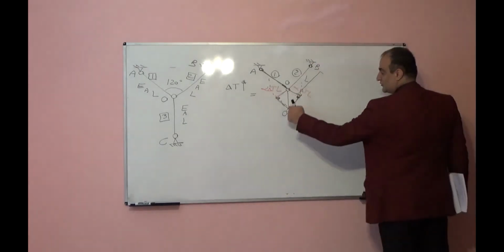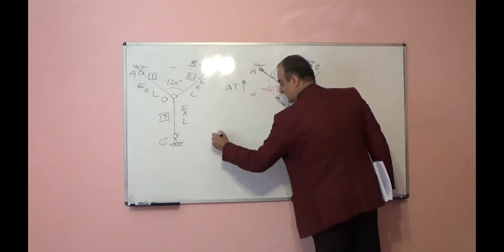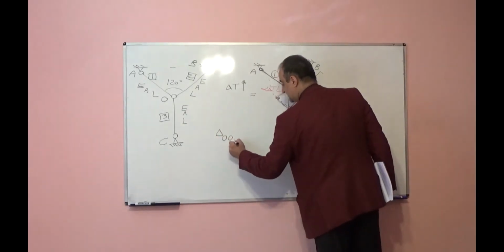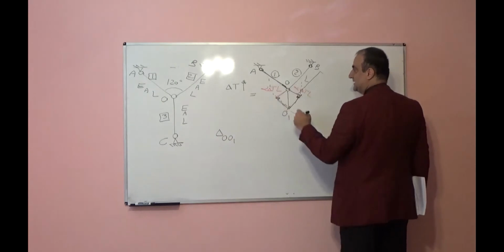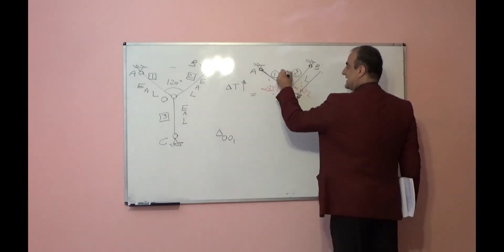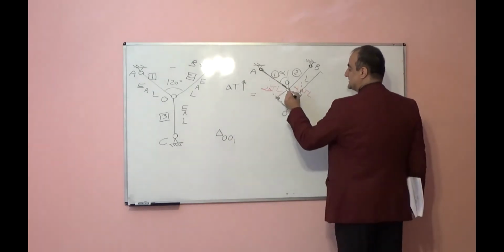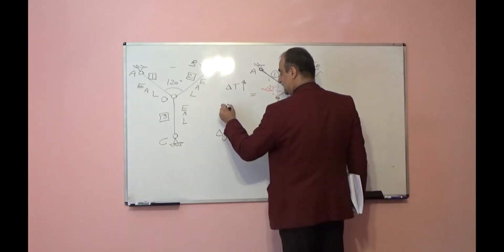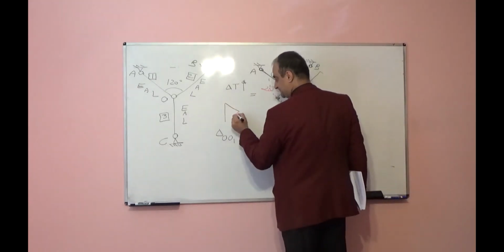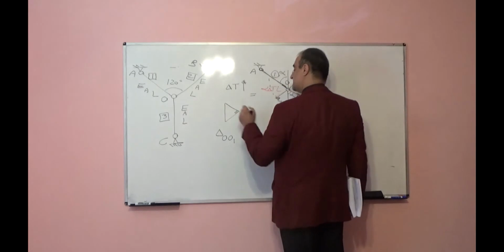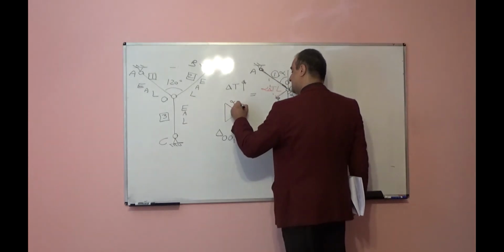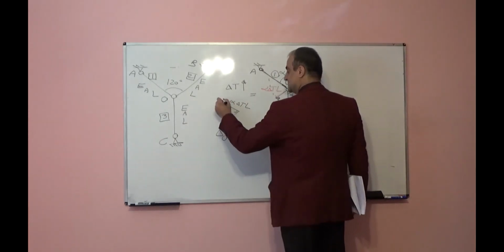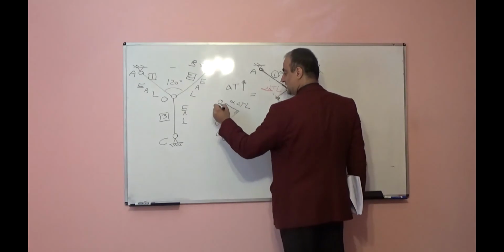So in order to find delta O1, meaning this length, if this angle is alpha, this angle will be alpha. Look at the shape here. This is perpendicular. This is alpha delta TL. This is O. This is O1.